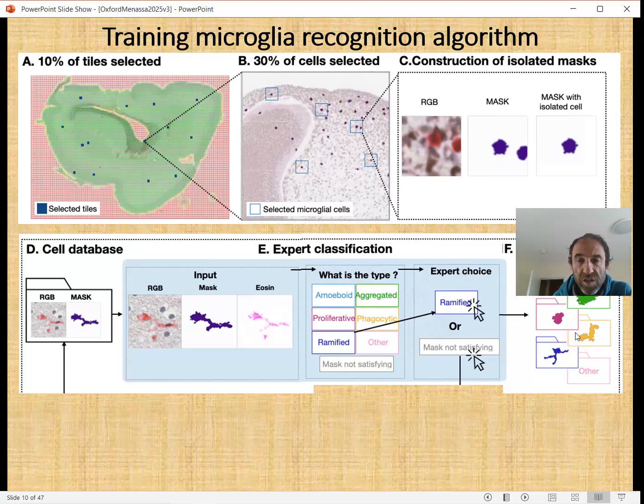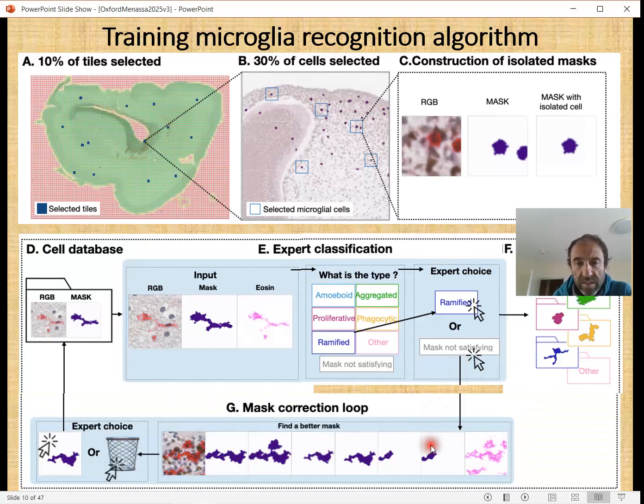The training is finished, unless you are not satisfied with the mask, and in that case, for a certain finite number of iterations, you can change the mask and start again until the expert agrees that he has a satisfying recognition. Otherwise, you can move on to another cell.